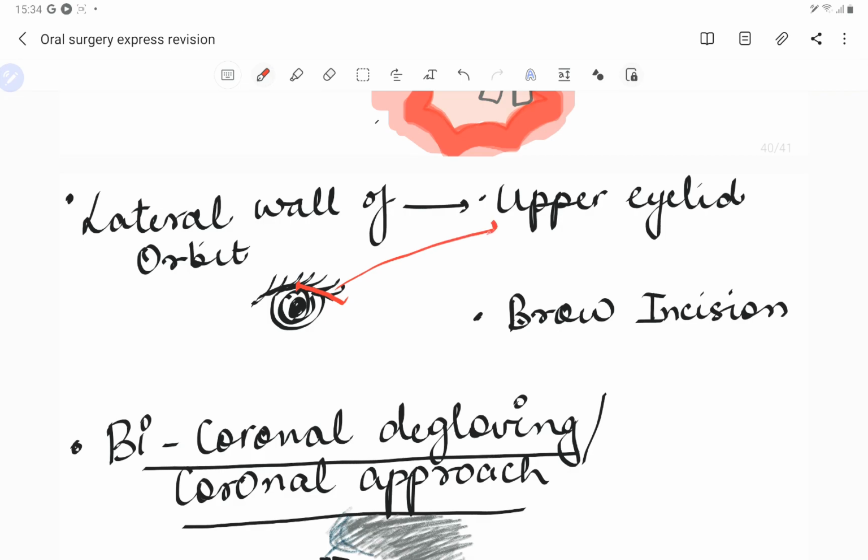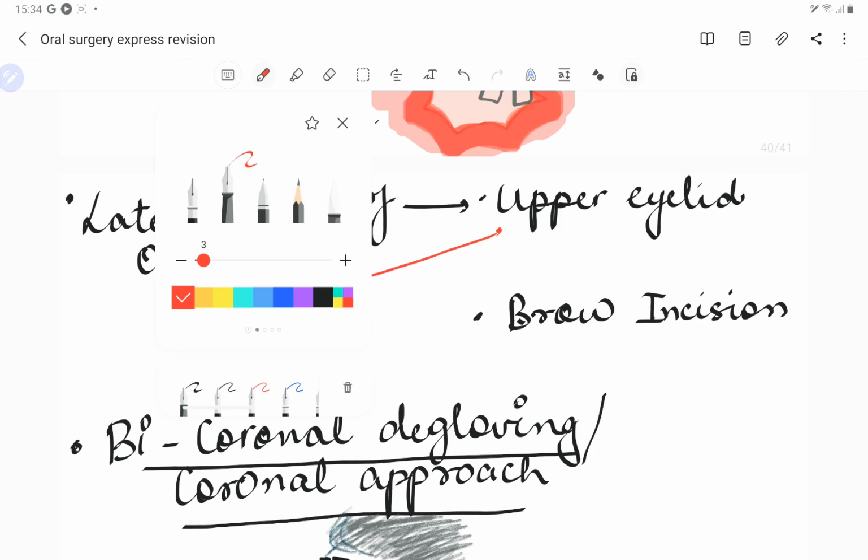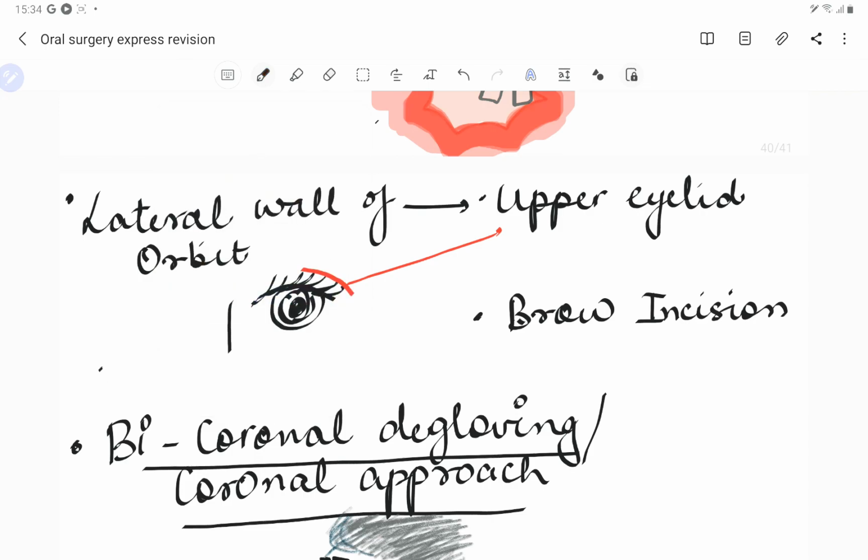This is for the upper eyelid approach. So in the crease, this particular area guys, the lateral part. So I have to differentiate it. Say this is the medial, right, nose.